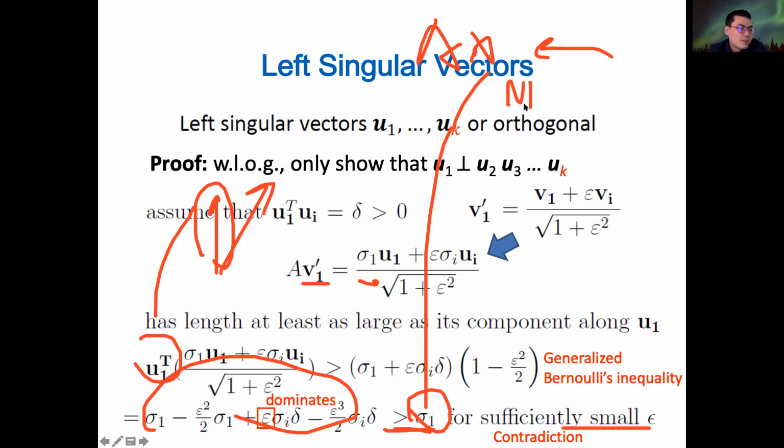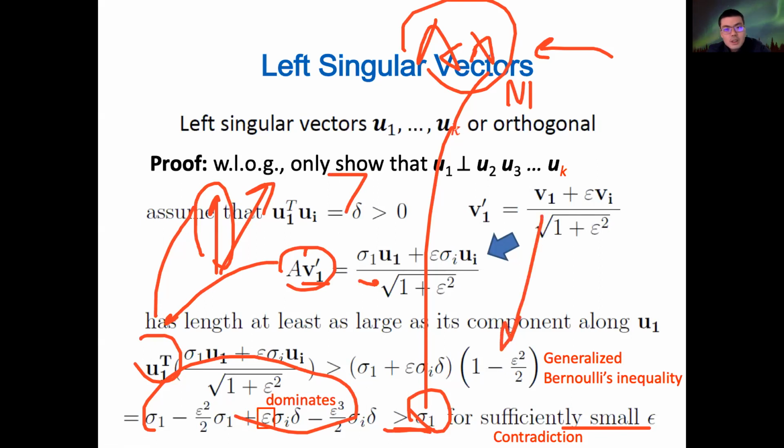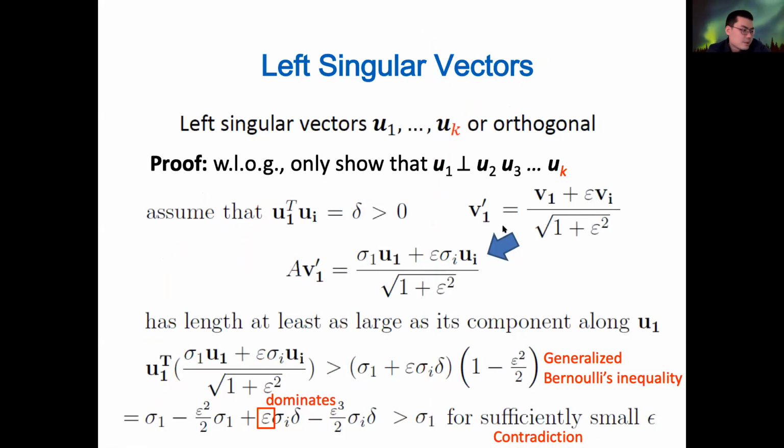You put V1 here, and V1 maximizes this. Now you find another one which is even larger, and why is it even larger? It's because its small component along U1 is already larger. So this is important. Because of this reason, this will not hold. We have to make them zero, which means U1 is orthogonal to M1. So by construction, we can show that the left singular vectors are also orthogonal, every two of them.